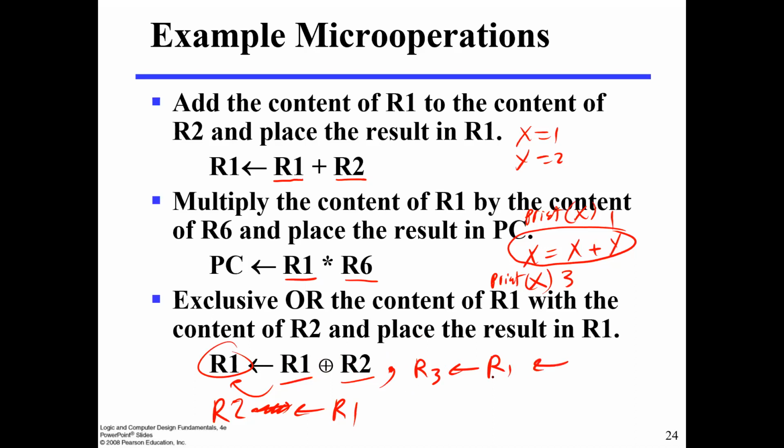In this line, the value of R1 will be the old value of R1. It's not going to be the value that is XORed with R2, because these are parallel operations. Parallel operation means it's happening at the same time. So R1 still did not get the new value after this operation.